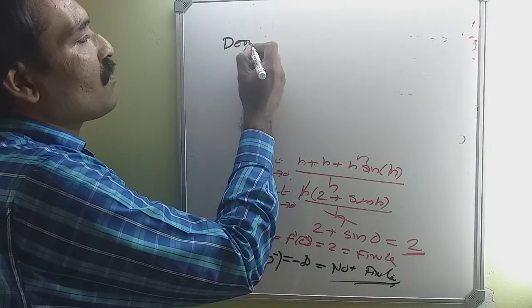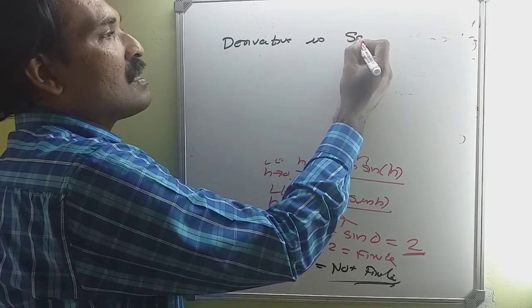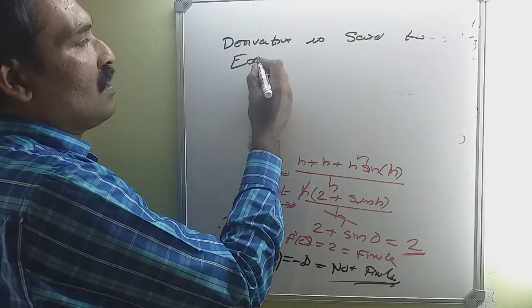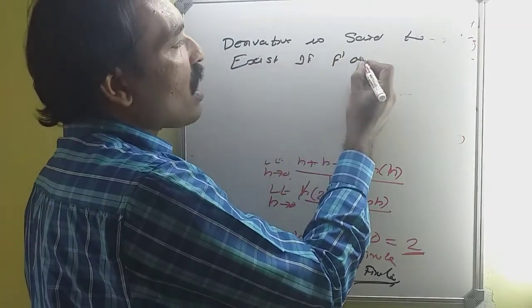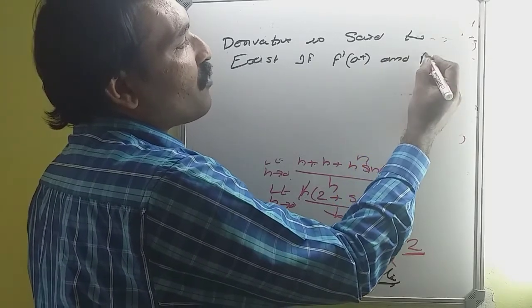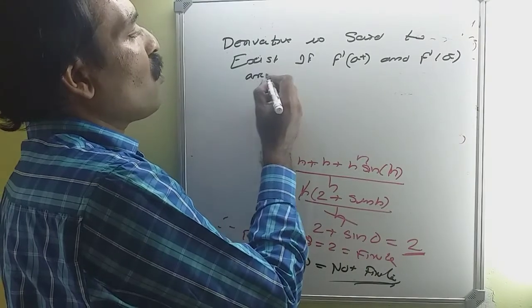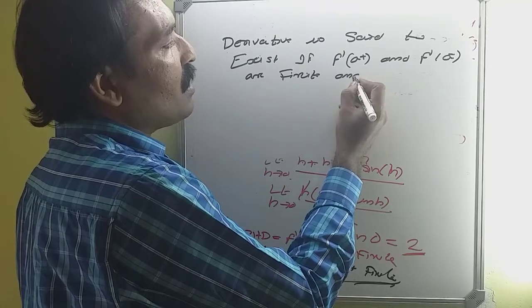A derivative is said to exist if both f dash a plus and f dash a minus are finite and equal.